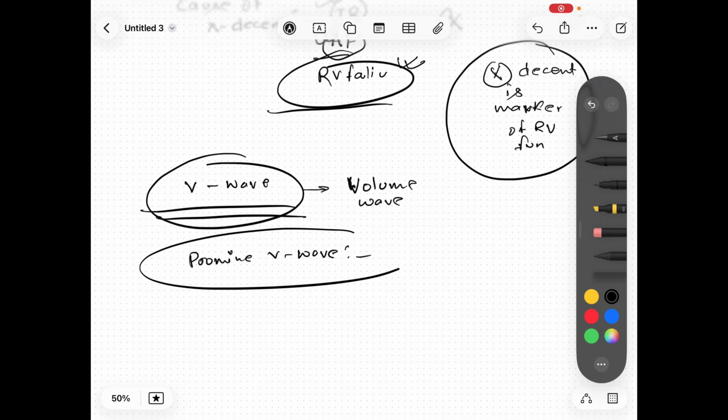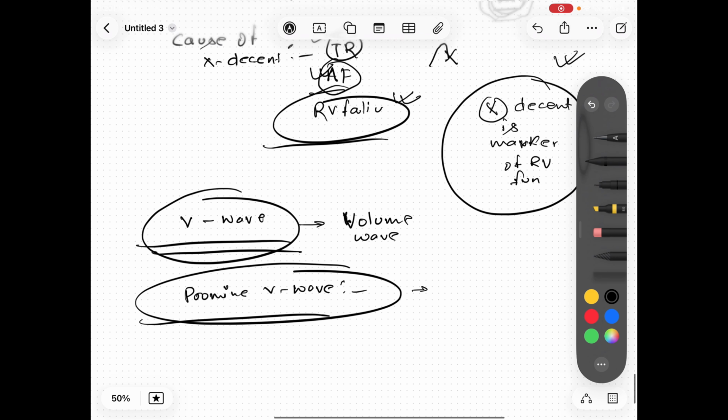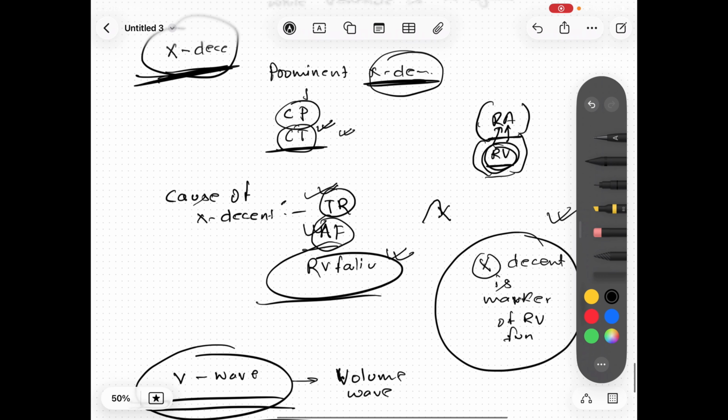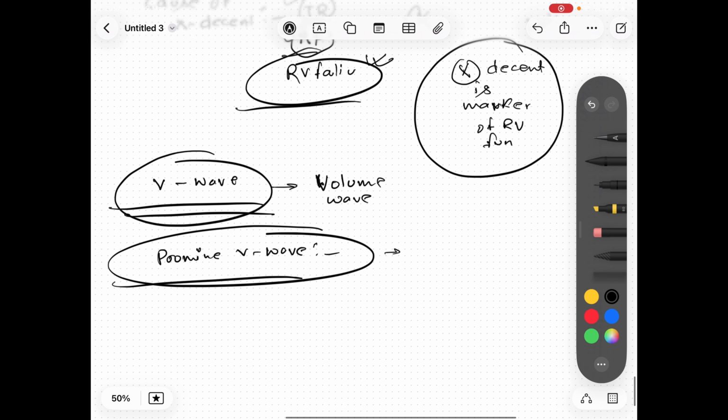The causes are same as that of prominent X descent. For example, when there is high vena cava pressure, which occurs in volume overload condition like RV failure or constrictive pericarditis.